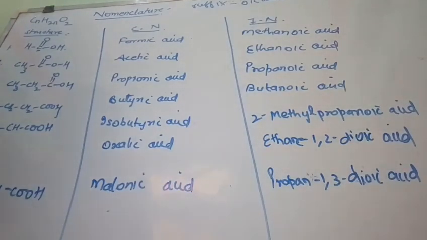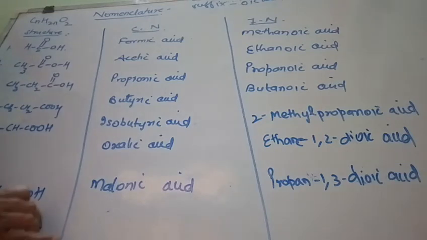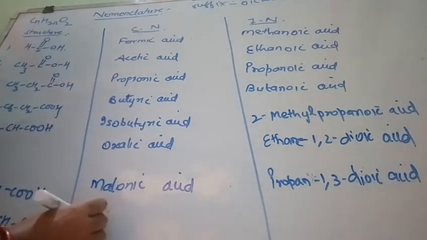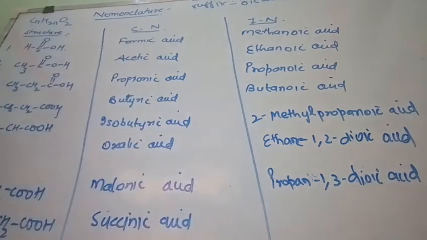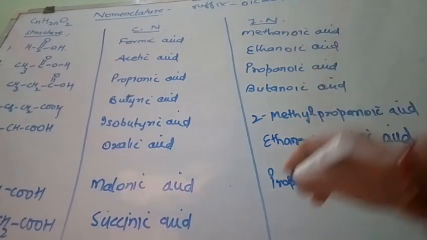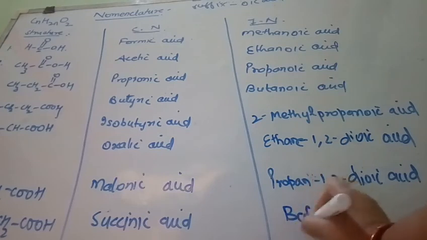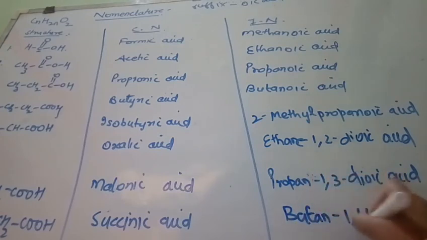Next, this is succinic acid. The IUPAC name is butane 1,4 dioic acid.